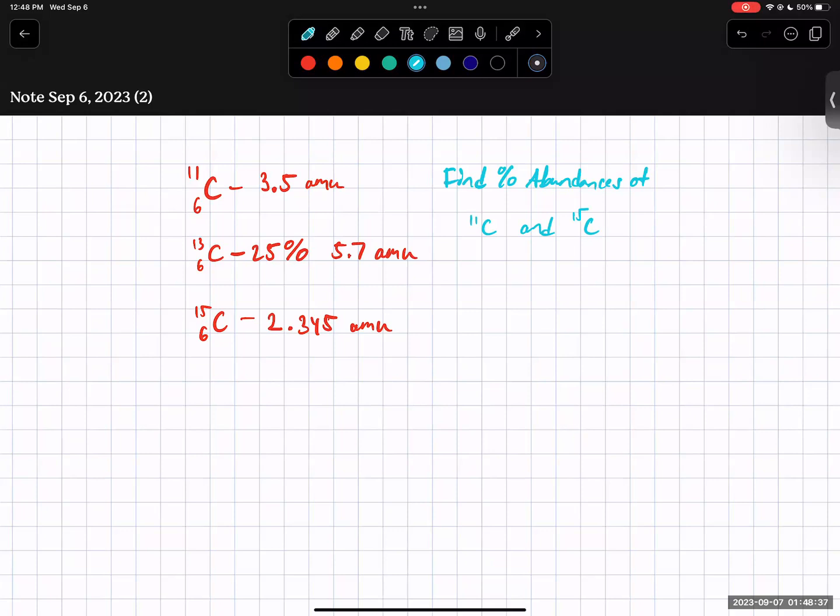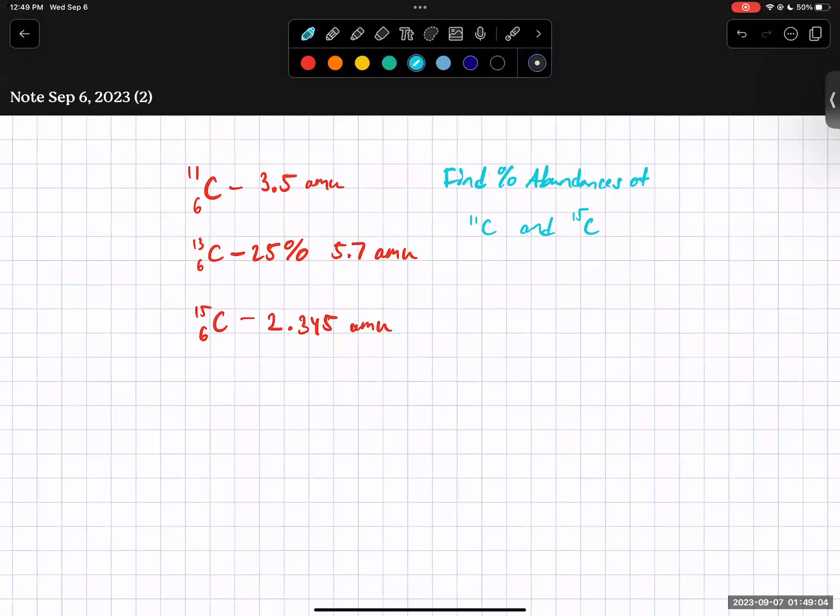I think we did a similar problem last week, when we calculate the percent abundance of the other 2, when we're given the mass of all 3 and the percent abundance of 1. You all recall that? No? I was gonna have y'all work in groups, so the people that know can team up with the people that don't know.